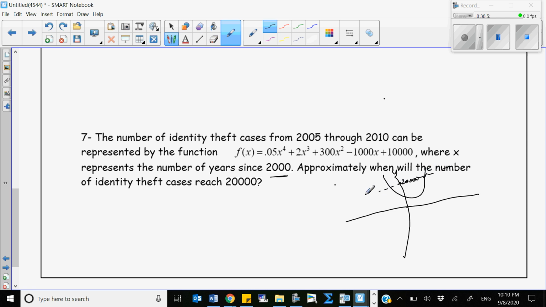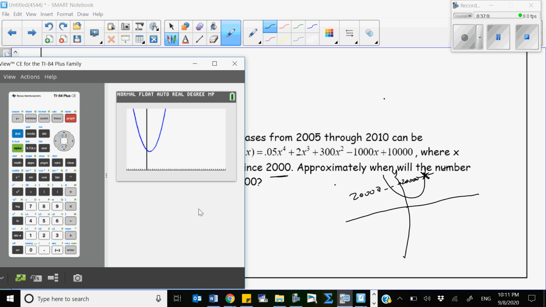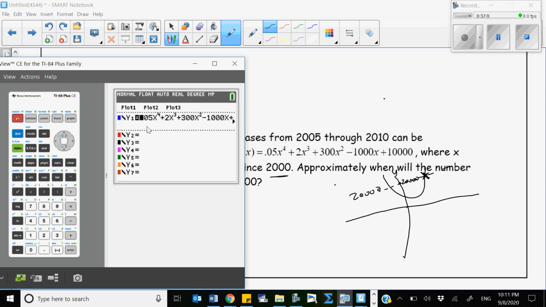Like if I draw a straight line at Y equal to 20,000, this point will be where my function has a Y value of 20,000. So I need to find that point. I'm going to Y equal to and define another equation, 20,000.